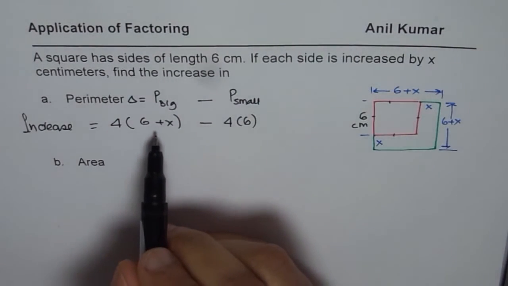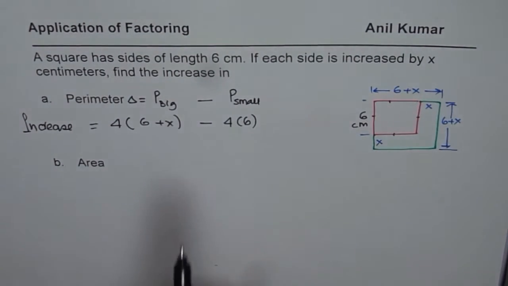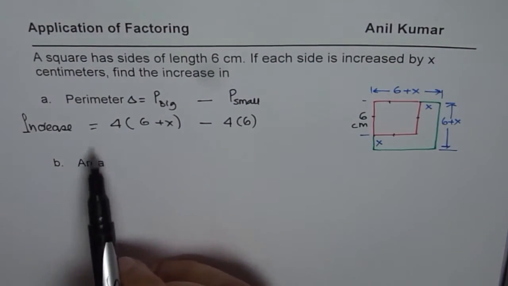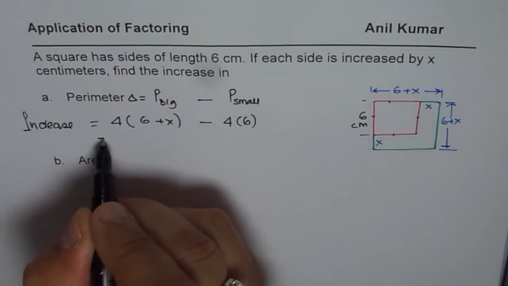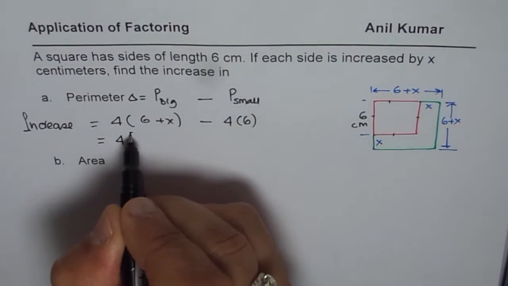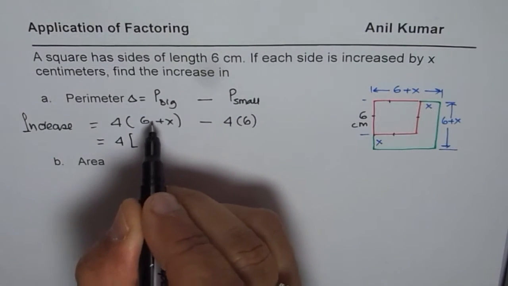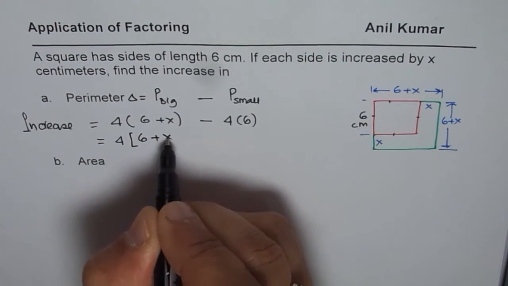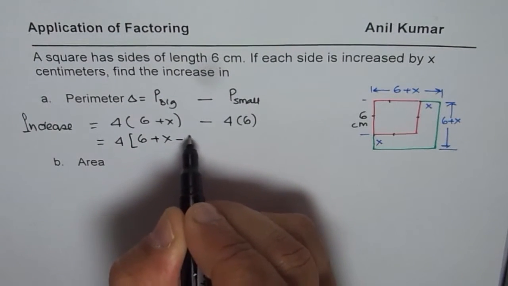Now using factoring techniques, we can factor out 4. If I factor out 4, what do I get? I get 6 plus x from the first term minus 6 from the second term.